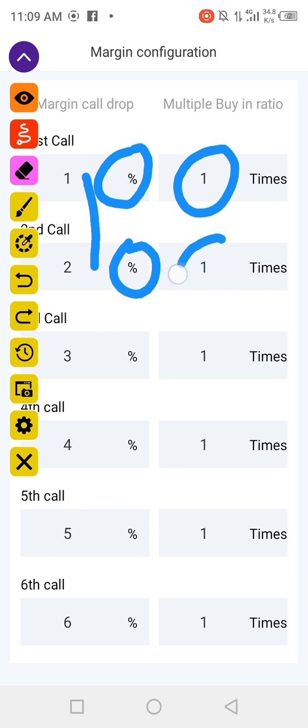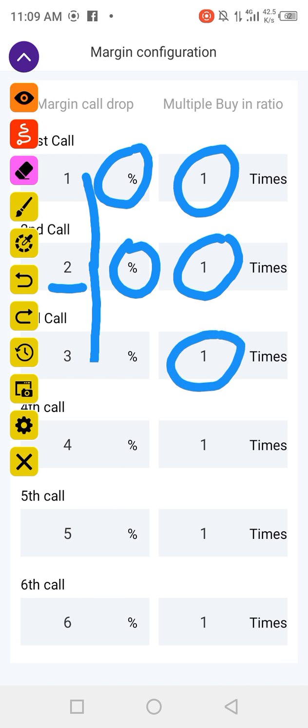You should buy another one times $10 here. If it drops again, that's assuming it did not rise, if it drops again 3% from 2%, making a total of 1, 3, 3, 6, making a total of 6%, buy another one times.